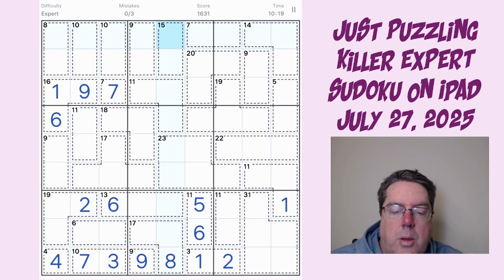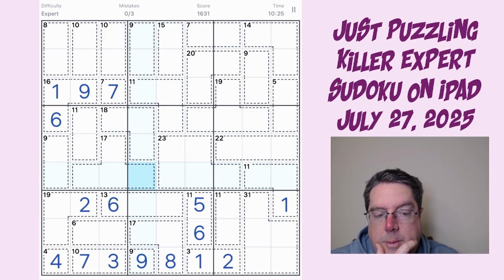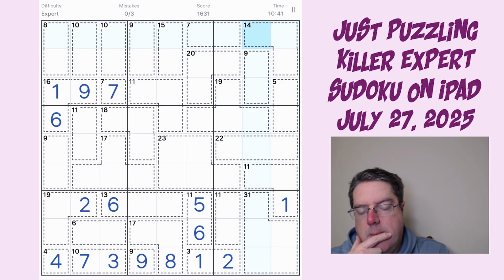So this is going to be 9 and 6 here, so 6 is there, 9 and 6, so 6 can't be here, so 6 is one of these two. 9 and 6. Nine can be here, here, here, or here.